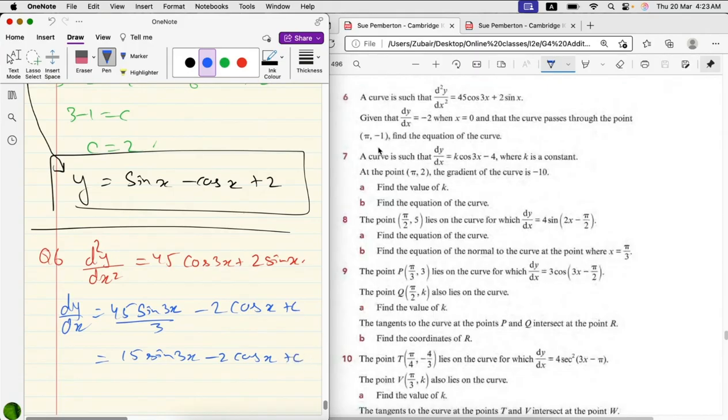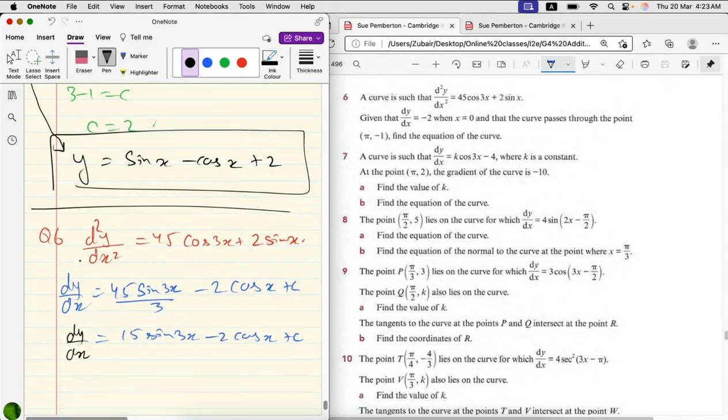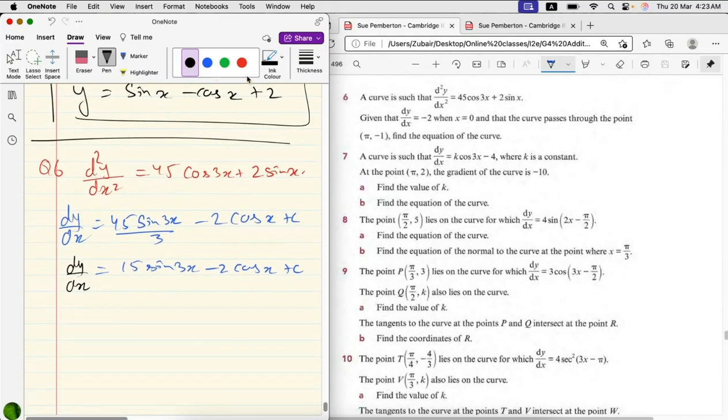Wait, now it'd just be minus 2 cos x, and it wouldn't be over anything, because there is nothing on the angle, right? On the right hand side, that was only x, so it is supposed to be 1, but we don't have to write it. No issues if you write it or leave it.